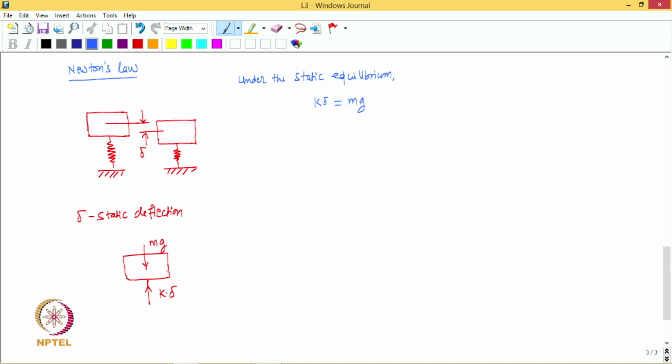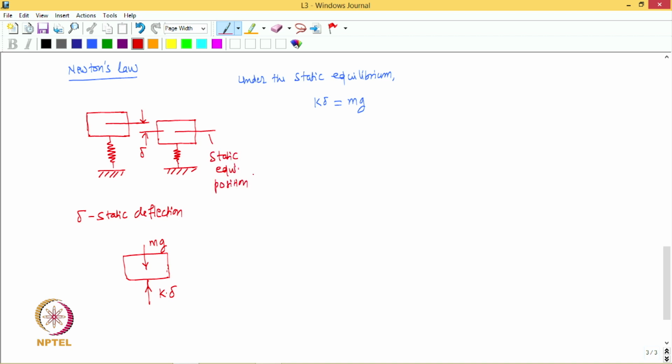Now we consider the vibratory motion. We need to consider the dynamic equilibrium. Let us treat this as the reference position, the static equilibrium position.